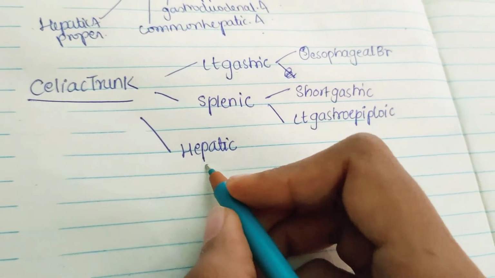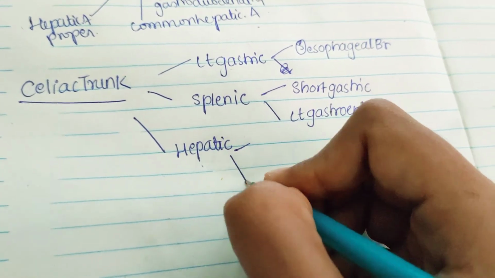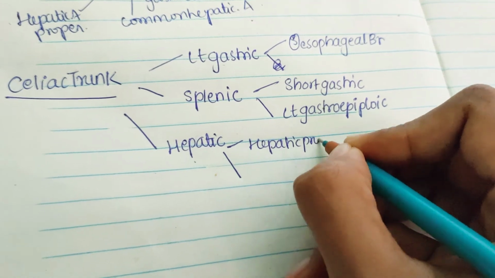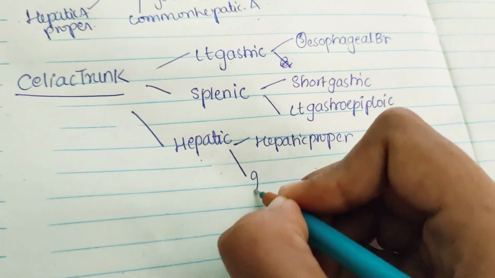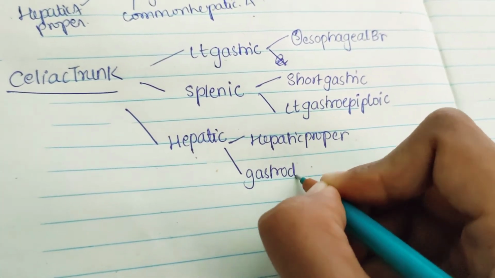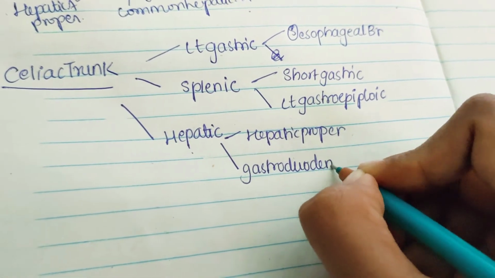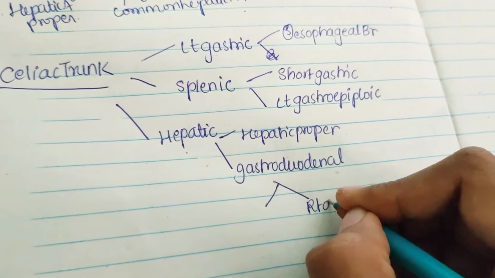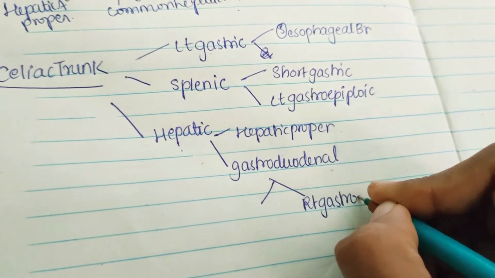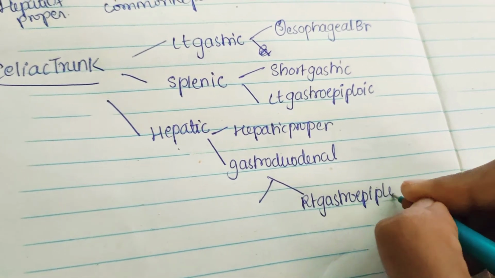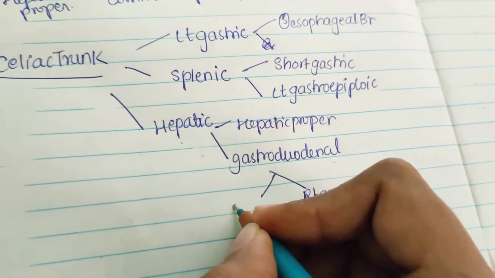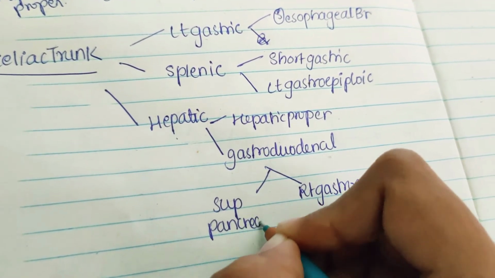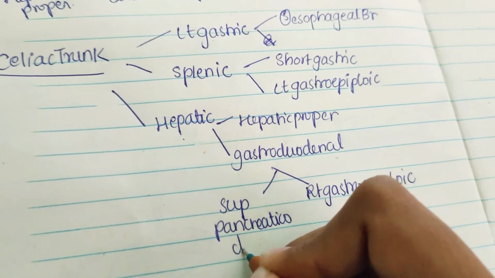Okay, next coming to hepatic. Hepatic is divided into hepatic proper, gastroduodenal. Okay, gastroduodenal is in turn divided into 2, right gastroepiploic and one more is superior pancreatico-duodenal.